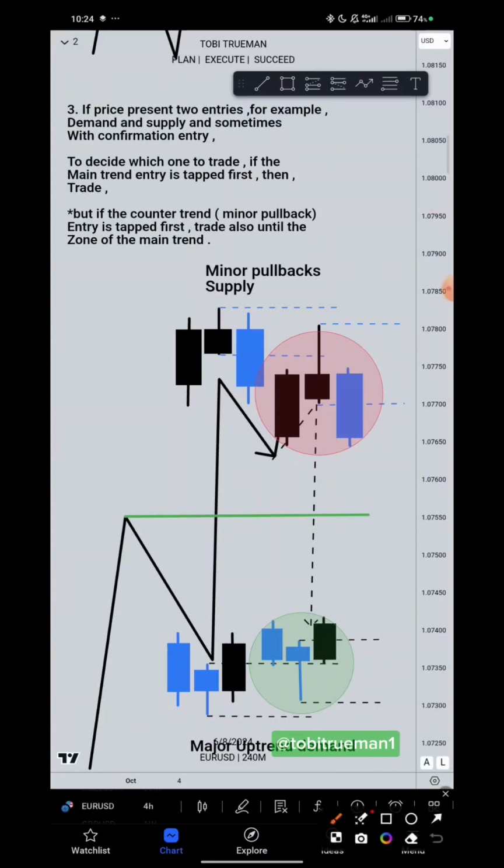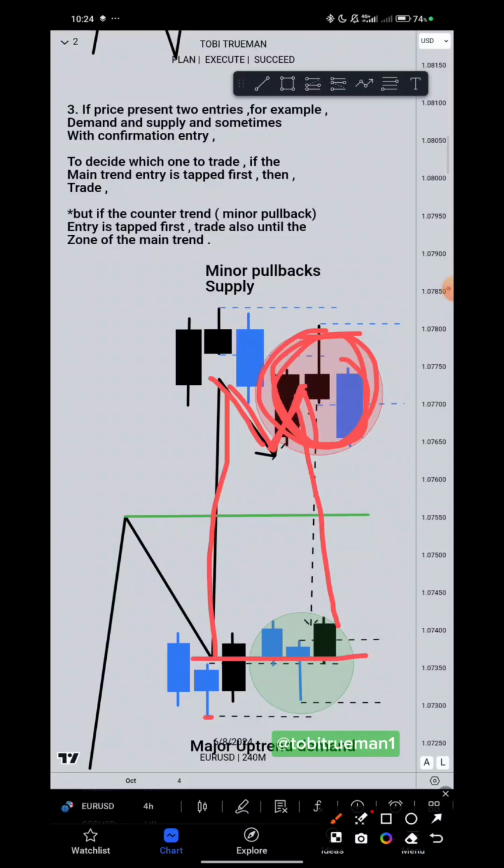There are some times, after price has formed all this trading here, that price may not activate this minor supply. It will just give the signal there, then it will come into this major trend demand zone, thereby giving us our signal.